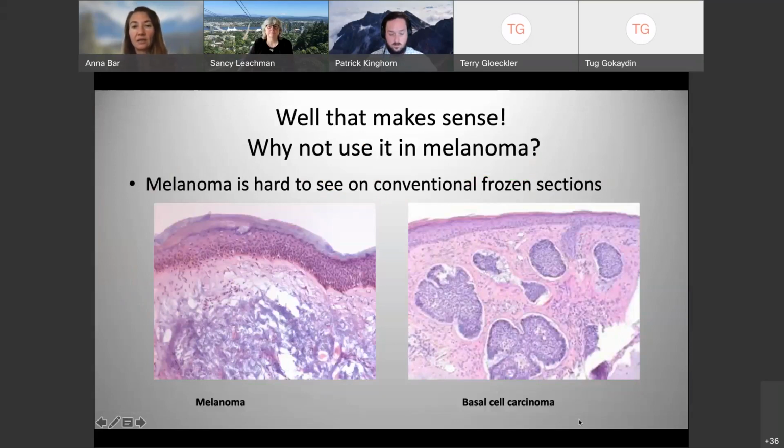So why do a lot of centers not use it on melanoma yet? Well, when we do Mohs surgery, we make frozen sections, which takes about an hour to make. And melanoma, as you can see on the left, isn't as obvious on these types of frozen sections.